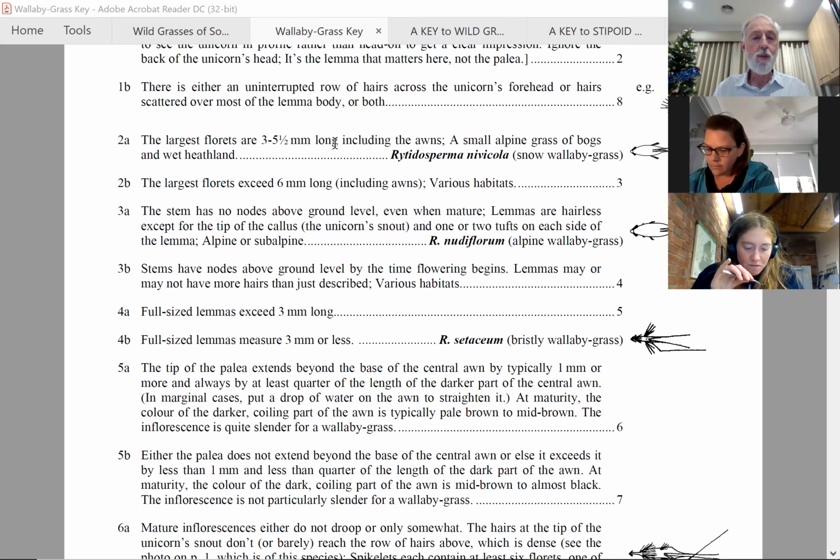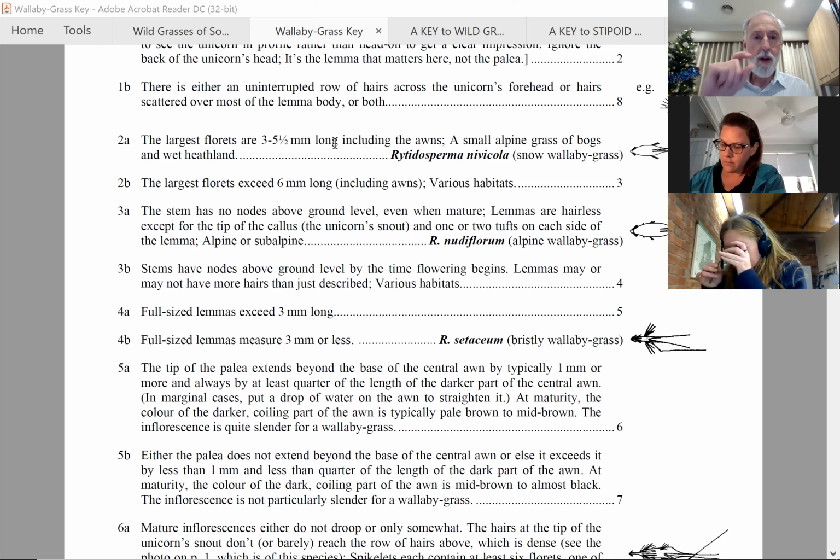The most common reason why people have to go back is that they have correctly identified which of the 2 leads in a couplet applies to their specimen, and they nevertheless choose the wrong thing in the right-hand margin and go to the wrong couplet. I've certainly done it many times myself. And if you go backwards through your breadcrumb trail, you'll see that. You'll think, oh, how did I do that again? So that's something to be wary of.